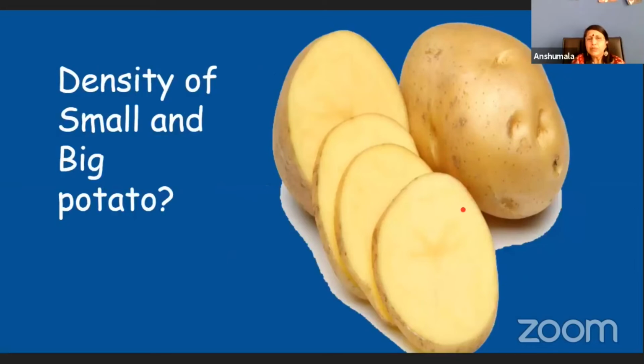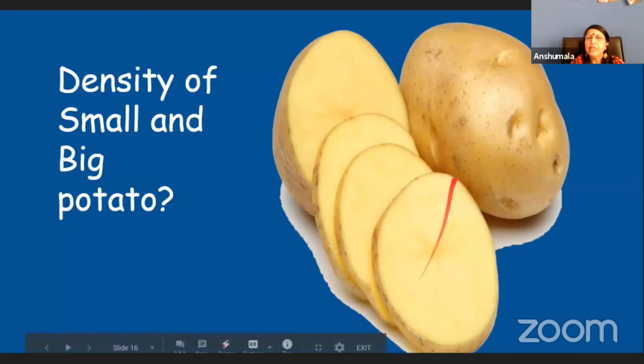The same question has been explored here. Do you think if you have a large potato, suppose half a potato, or a small potato, or potato slices, will they have the same density, or will this one have lesser density and this one more density, or vice versa?